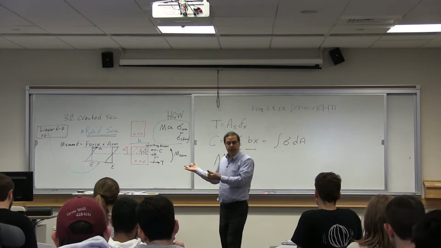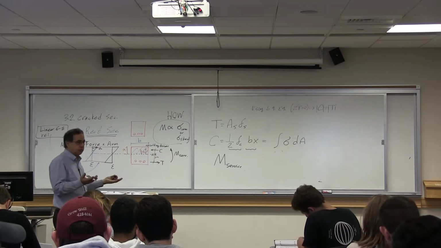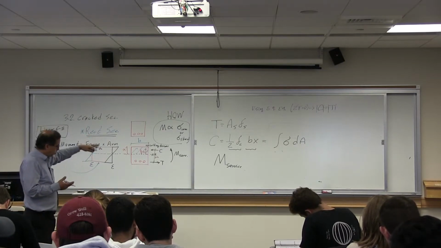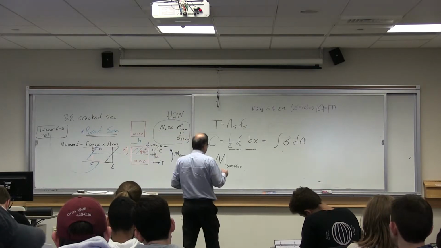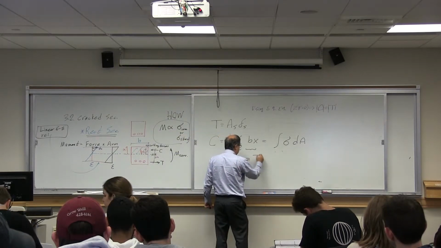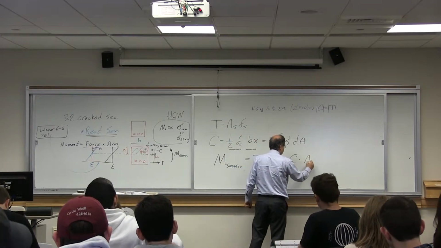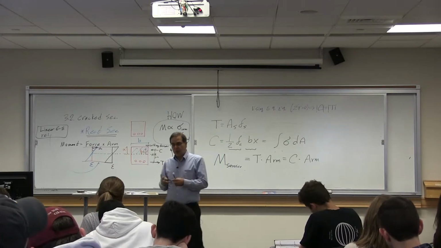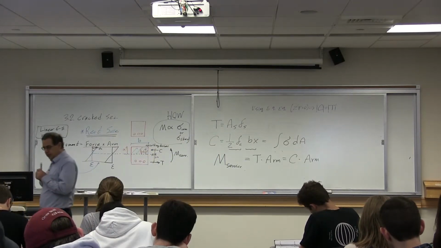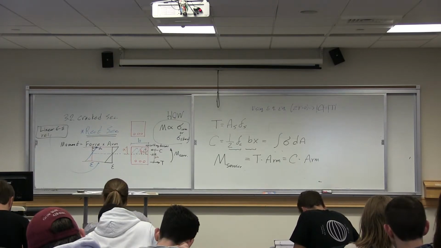You can use C as the compressive force or T as the tensile force. If you calculate them through the correct procedure, you get the same value. Given that C and T are equal, the moment is simply tensile force times R or compressive force times R.